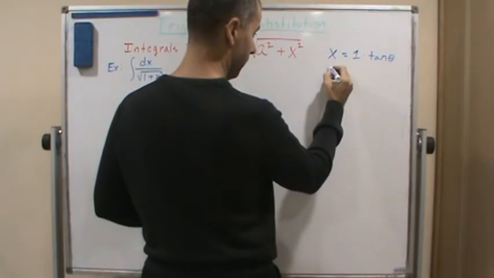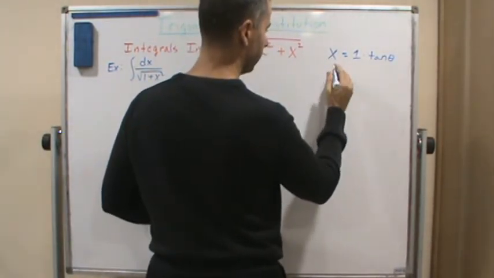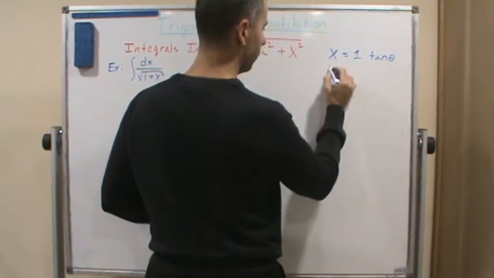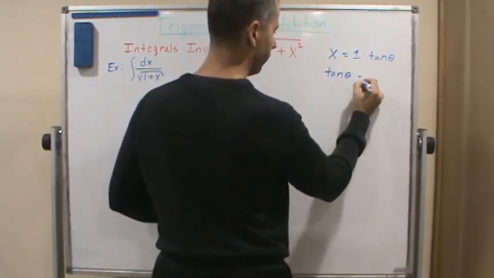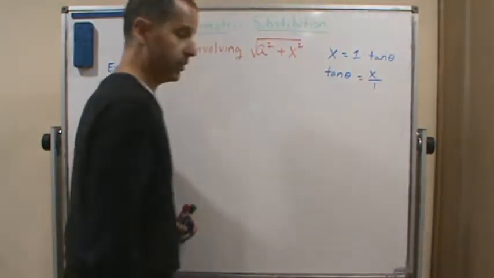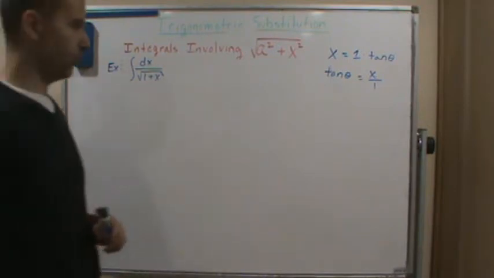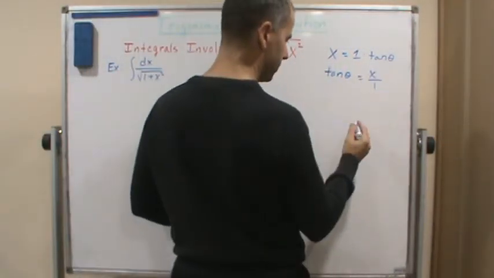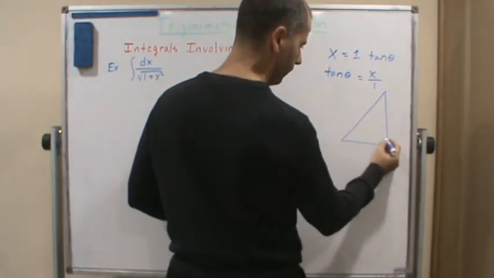In other words, tangent theta can be written as x, or x over 1. The reason I'm writing it as a fraction is so I can write my reference triangle.